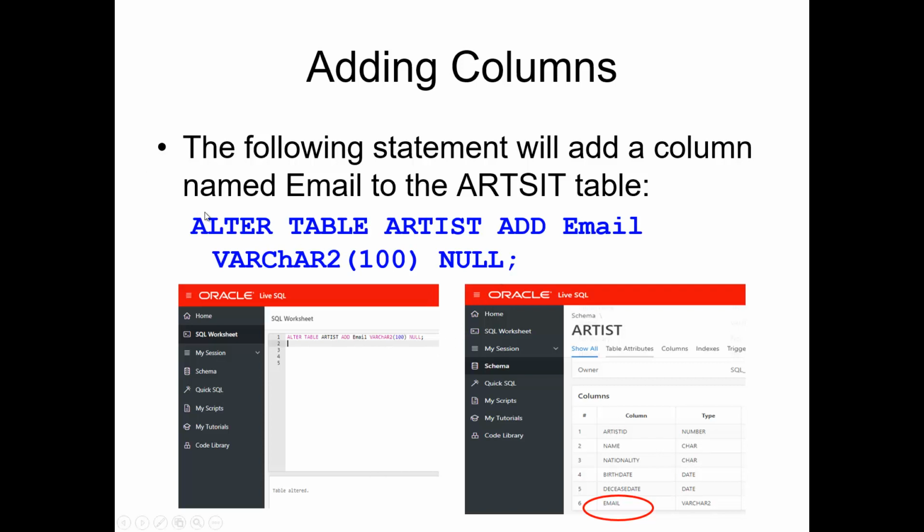So we just alter table artist and add email, and it's a variable character too, with size of 100, and it can be null. And once you implement it in the Oracle Live SQL, it will say table altered, and then you check in the schema, and you can see that the email has been added.